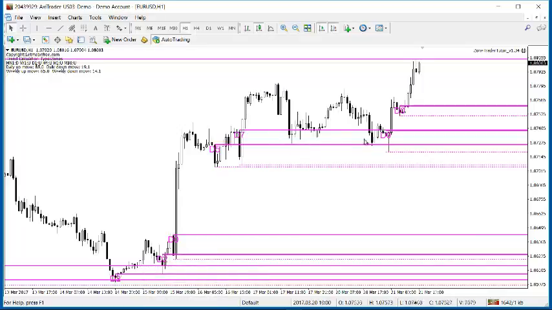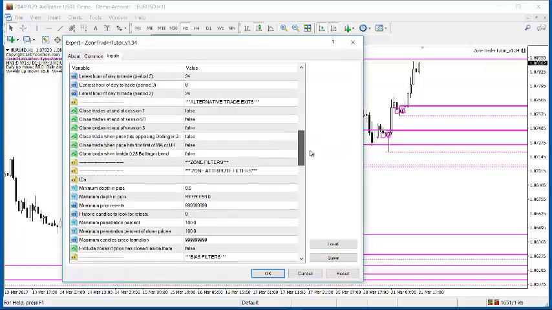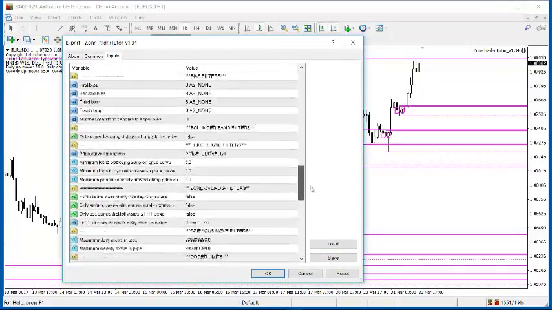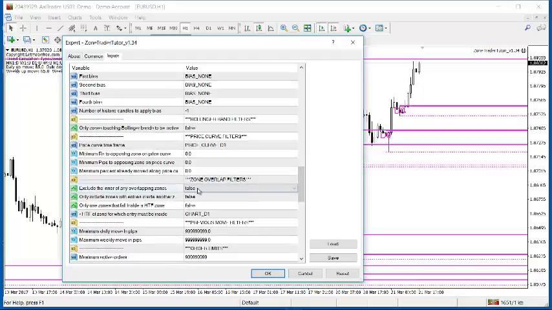This is probably a good example to look at here, where we've got 2 zones here and then this one, and the only one that's not overlapping the stop level is this one here. So if I just select overlapping zone, so it's true.